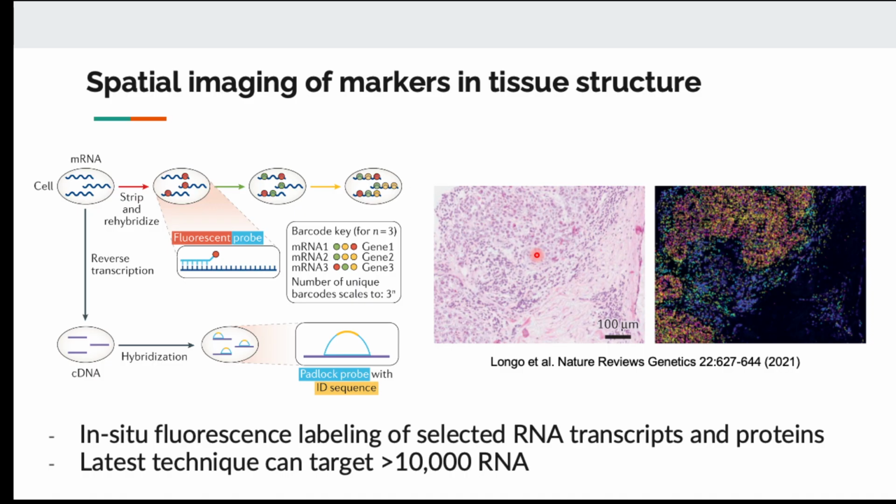So you probably all know about fluorescence staining. We can stain certain genes, certain RNA, or certain proteins. We can activate the fluorescence, and we can take the image, and now we can see the expression of certain genes or proteins on the tissue.